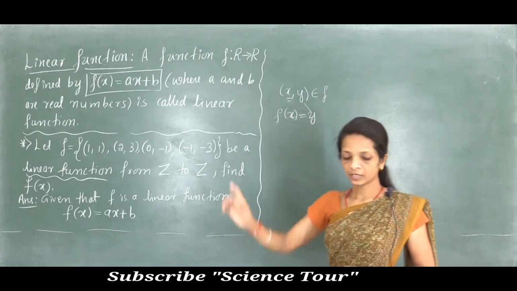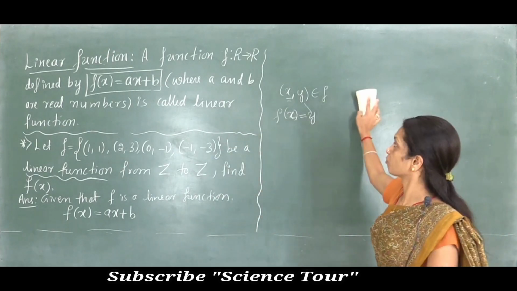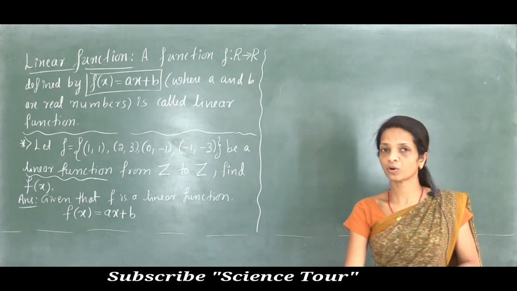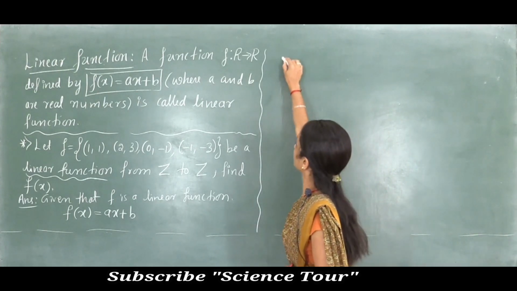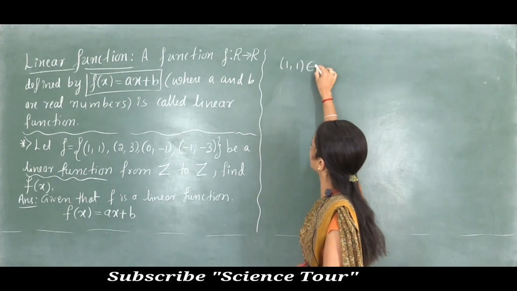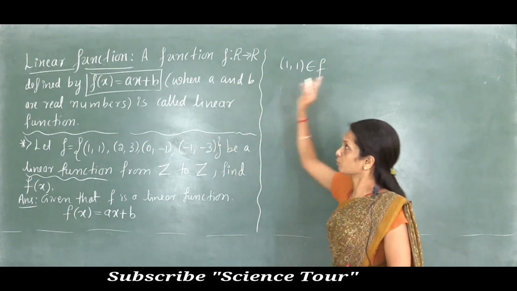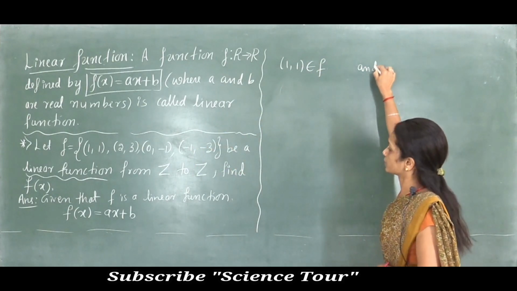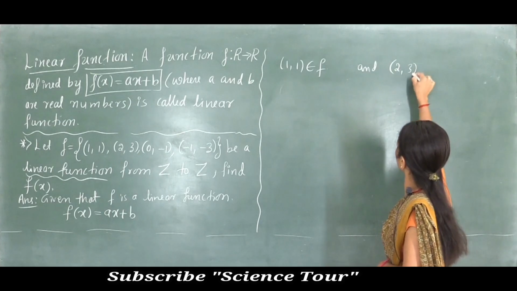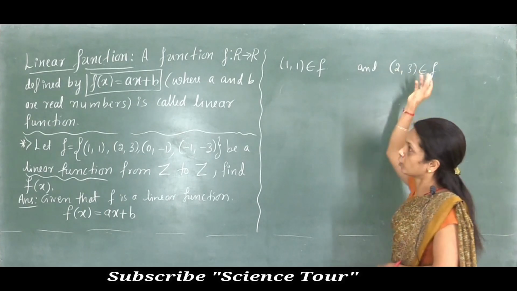You take any two ordered pairs in those four ordered pairs. I'll use the first two. We have (1, 1), that ordered pair belongs to f, and I'll take the second one (2, 3), that also belongs to f.